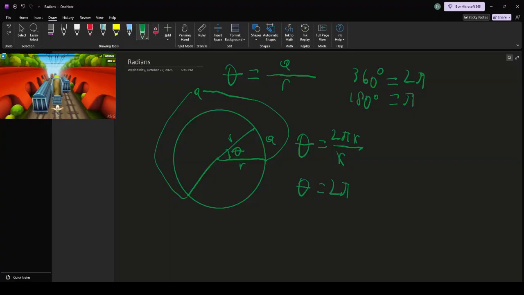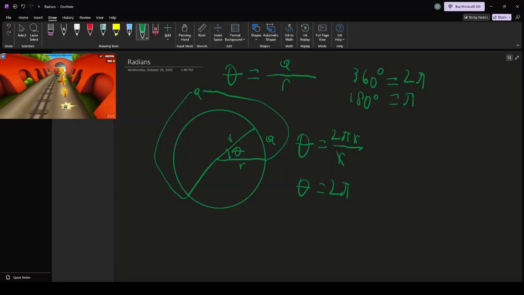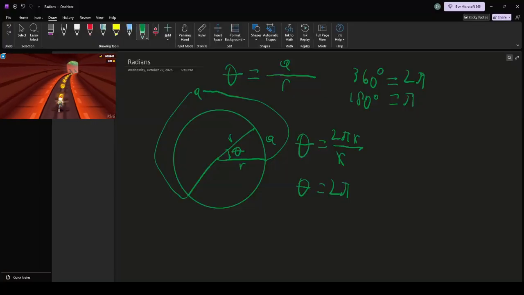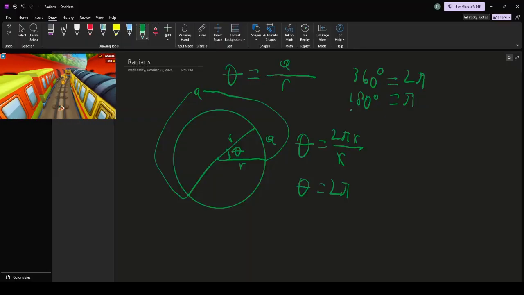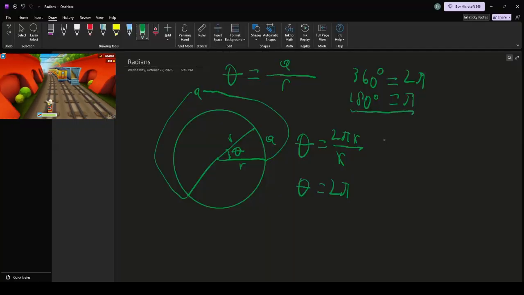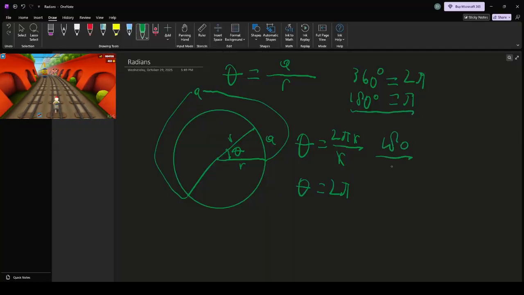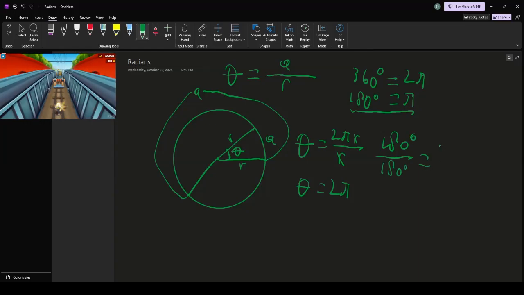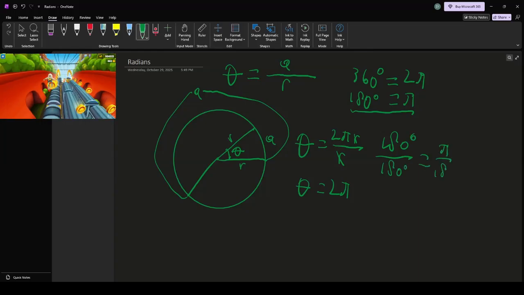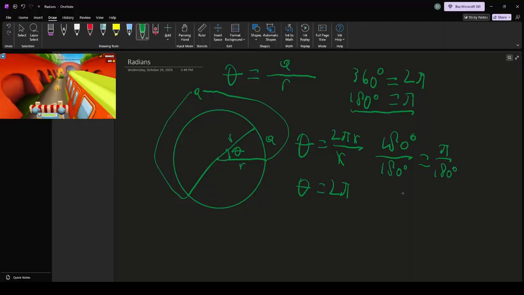Quick little thing before I show how to convert between radians and degrees. If we divide both sides by 180, 180 over 180 degrees equals pi over 180 degrees.